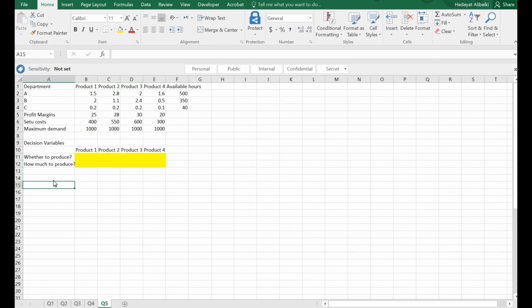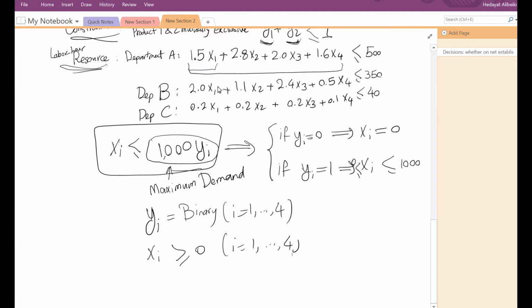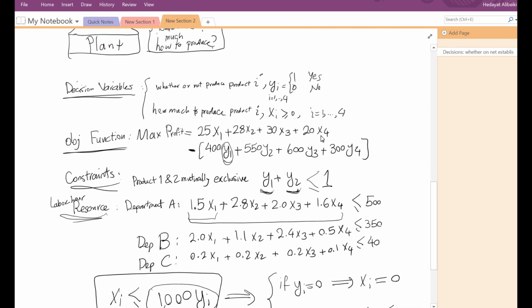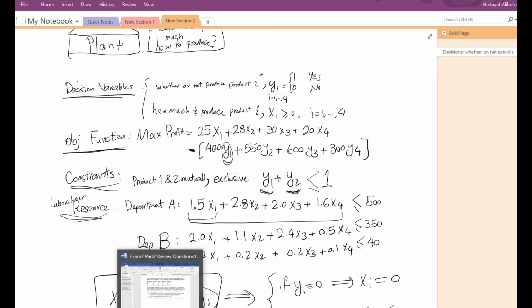And then the objective function is, if we go back here, you'll see that the objective function is the sum product of xi's and profit margin minus the sum product of setup cost and yi.